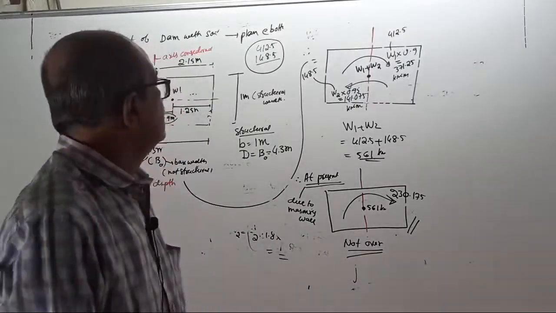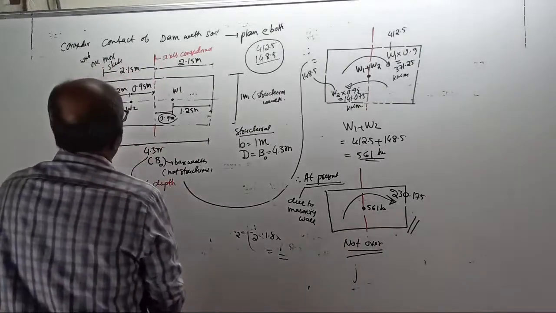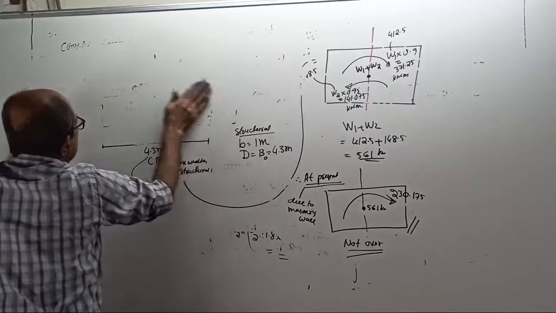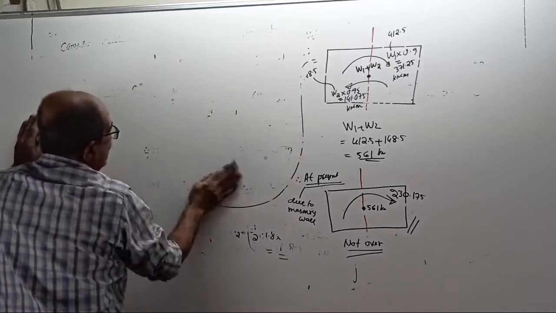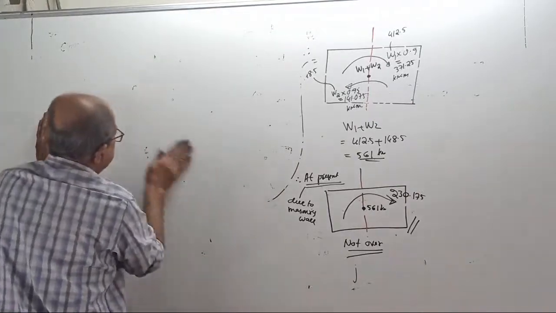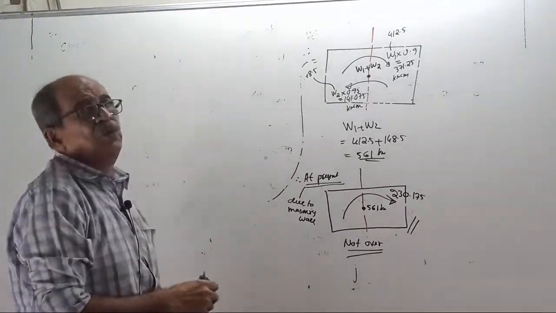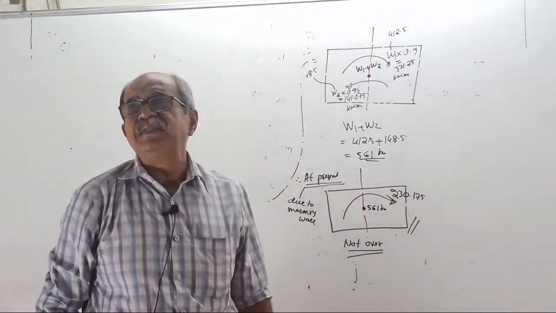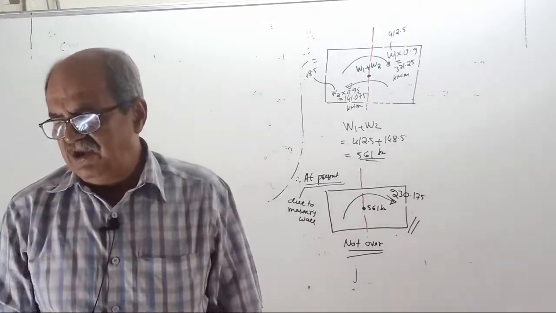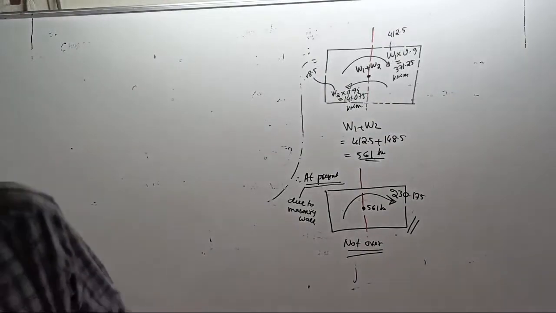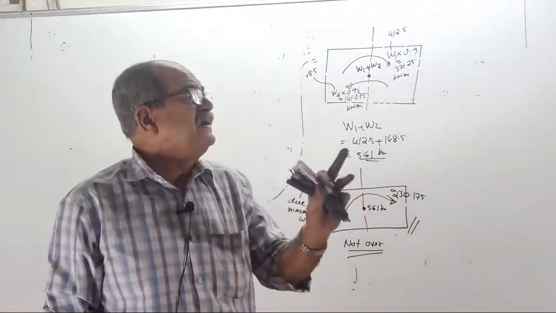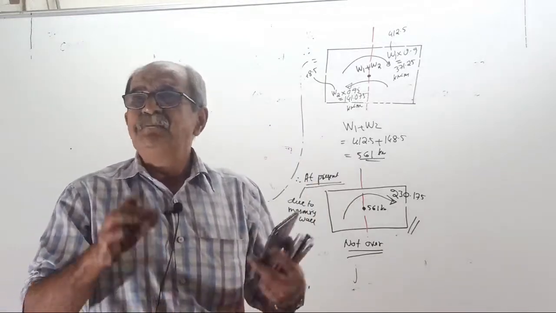Next, I will remove this one now. If possible, tomorrow I will tell it in another way how you do it in RCC. Shall I? How we perform stability analysis in RCC. If you want, tomorrow I will take 15 minutes, so that you can go that way also. This is with the basic principle. In RCC, there is a direct procedure, a simple procedure.